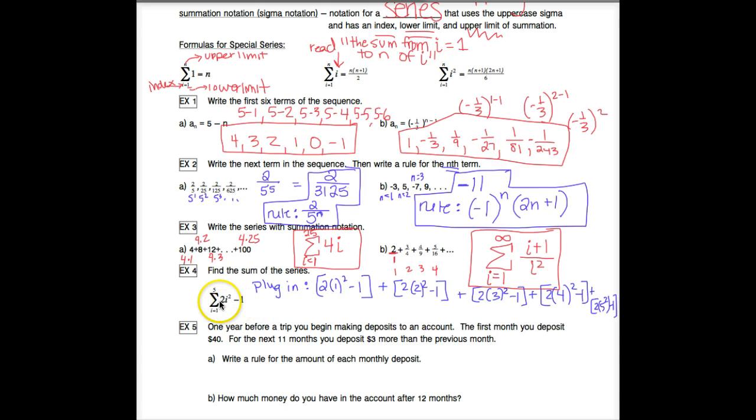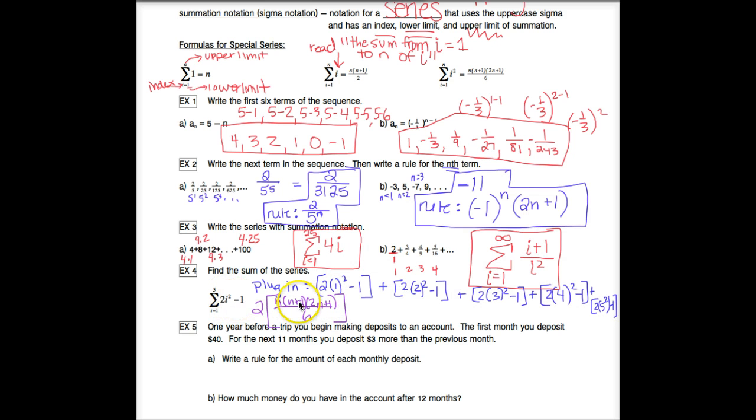But what you should be doing here is separating this, because this 2i squared minus 1 means that this is 2 times i squared. So since this is an i squared, I can do 2 times the i squared formula, so n times n plus 1 times 2n plus 1 over 6.